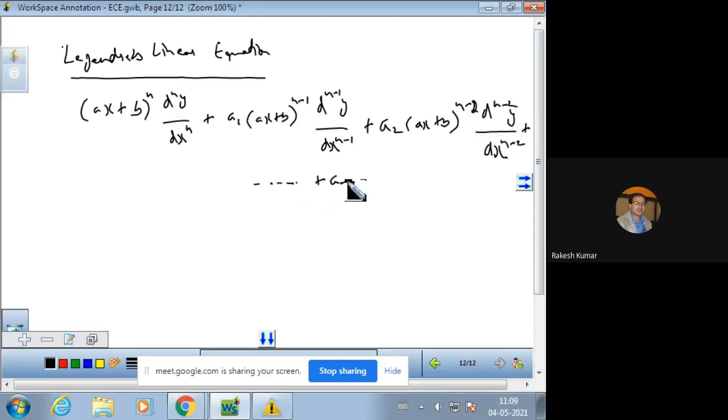The last term is, that is, an y is equal to capital X.